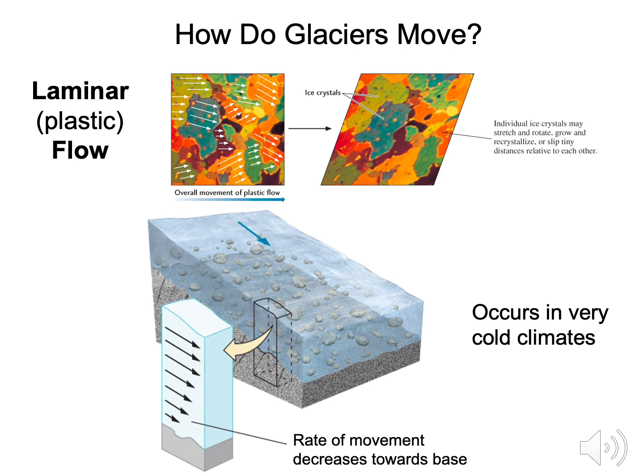Under the force of gravity and its own weight, we'll see that the fastest velocities are towards the surface of the glacier, where the top of the glacier is exposed to the atmosphere, and then we'll see the velocity decrease as you go down towards the bedrock or the lithosphere, as we have that interaction between the ice and the lithosphere, which ultimately is going to cause some friction and cause it to slow down. We see that this process of laminar flow in glaciers happens when these glaciers are found in very cold climates.